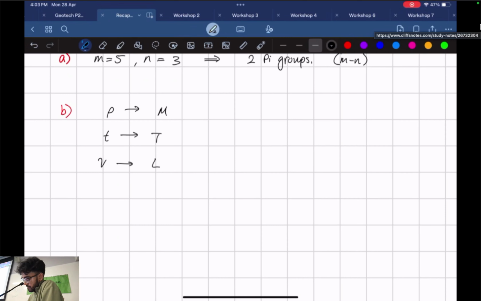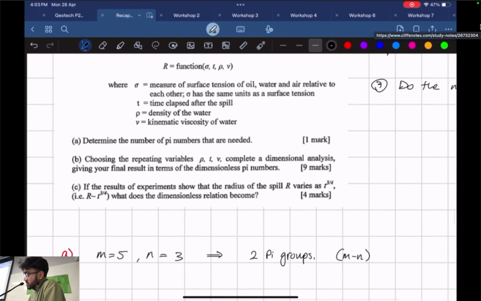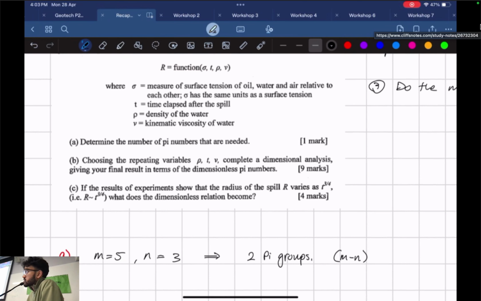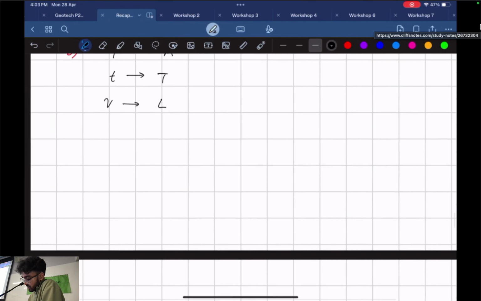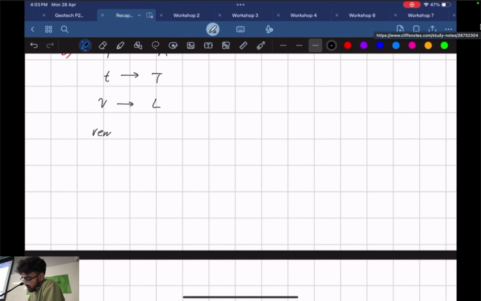Okay? What other parameters do we have left? Surface tension and r. R is going to be the radius. So we have remaining r and surface tension.